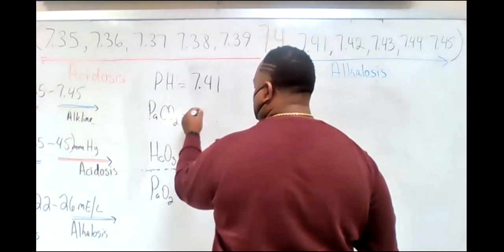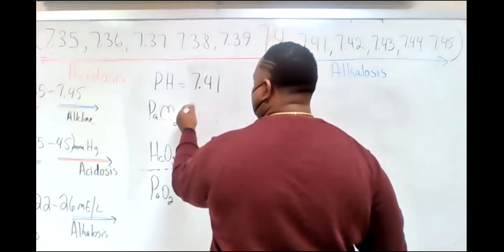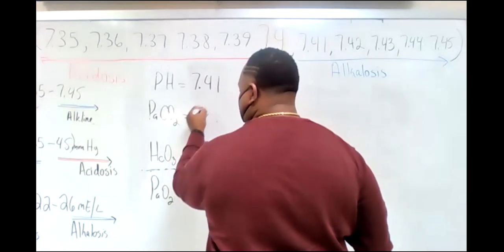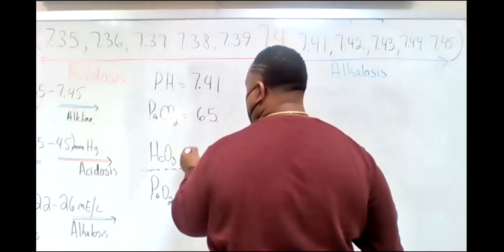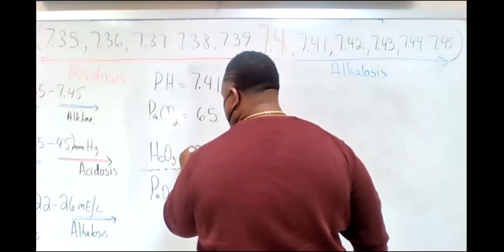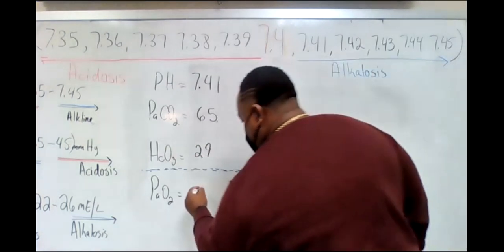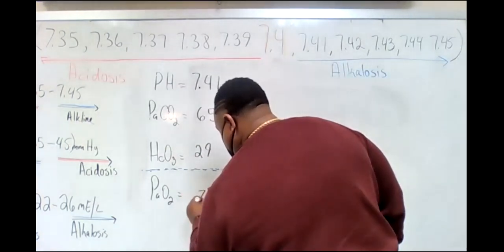Let's do the pH of 7.41, CO2 of 65, and a bicarb of 29, and a PaO2 of 75.